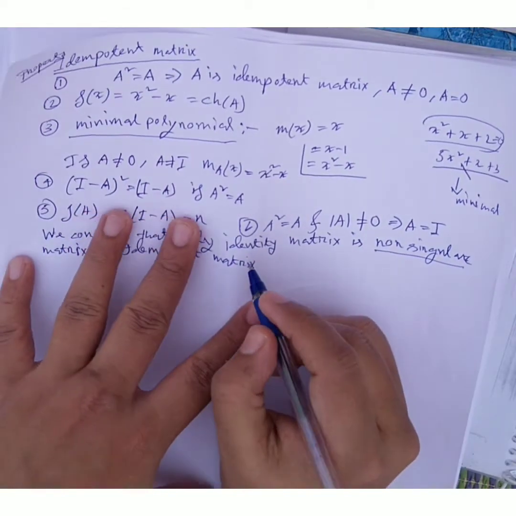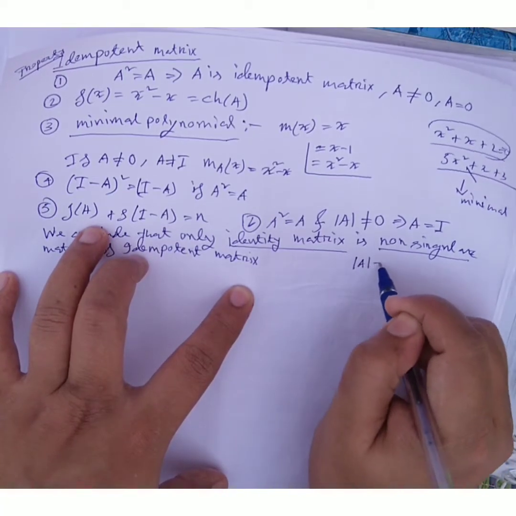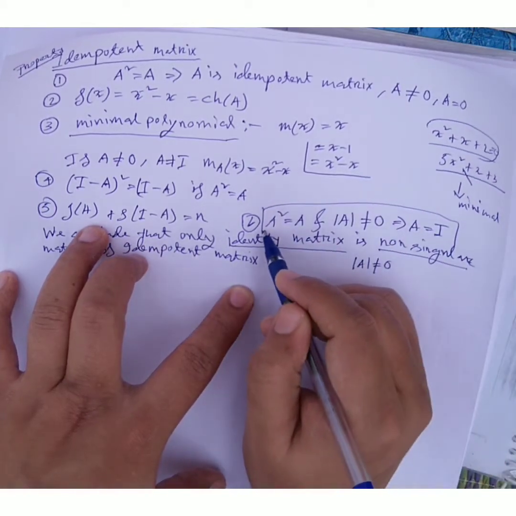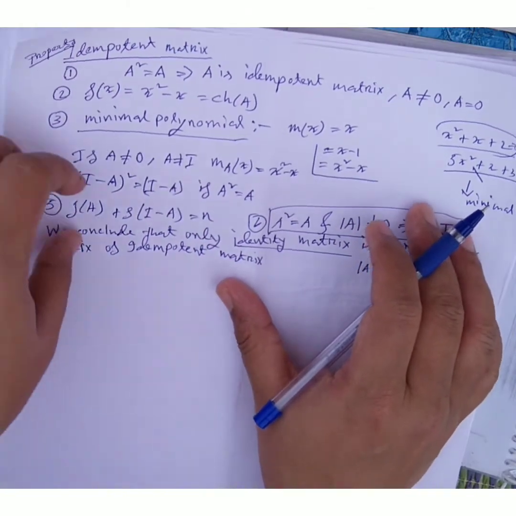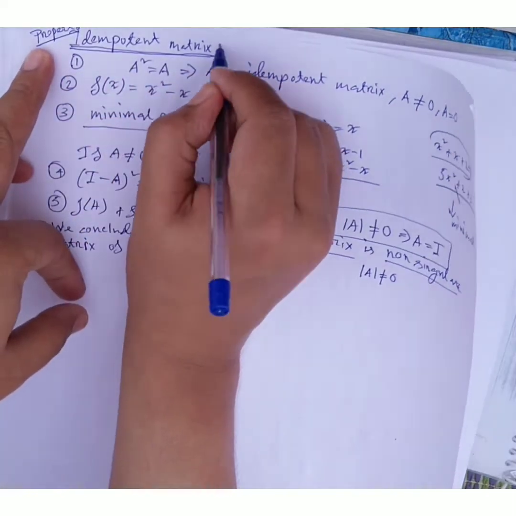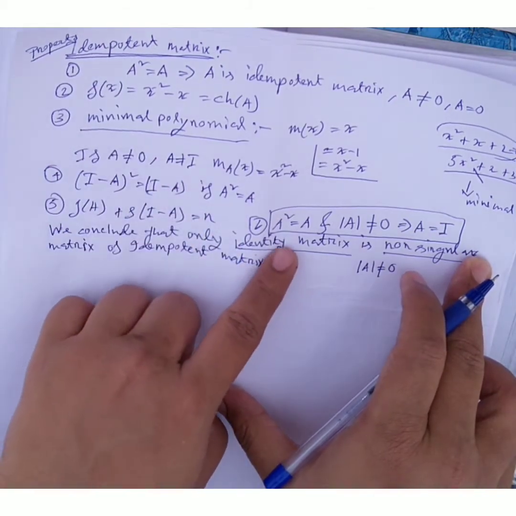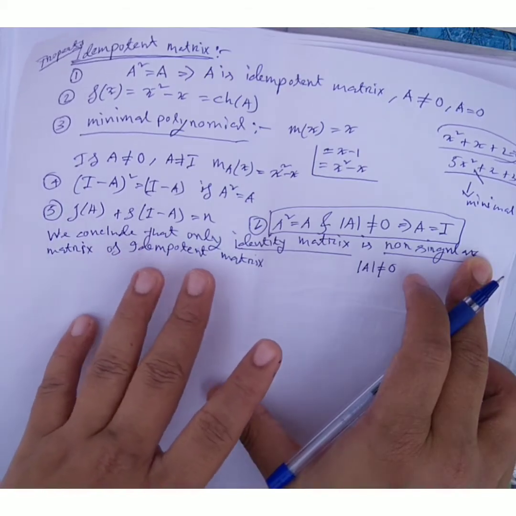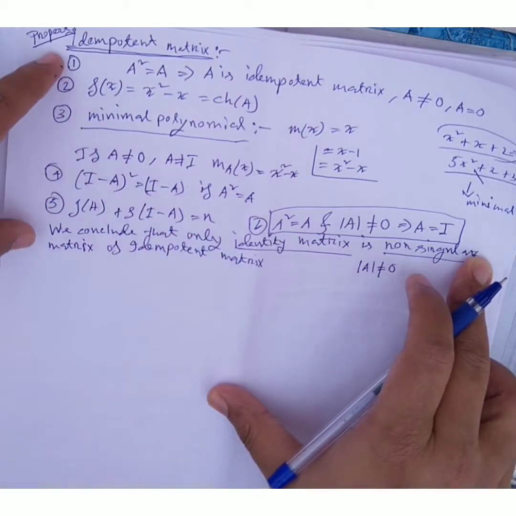Identity matrix is the only one that is a non-singular matrix, means det A does not equal 0. I proved that here. This type of question comes in CSIR NET, GATE, a lot of examinations. Those who are preparing know that the identity matrix is non-singular, and every other such matrix is singular. Singular matrix means det A equals 0.